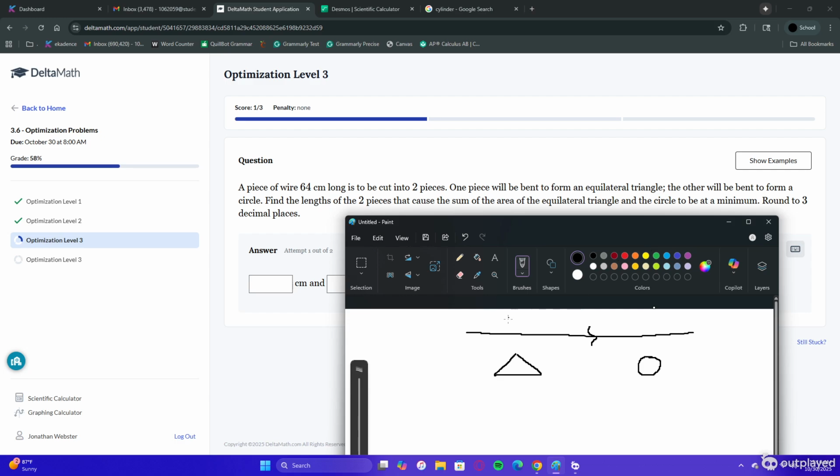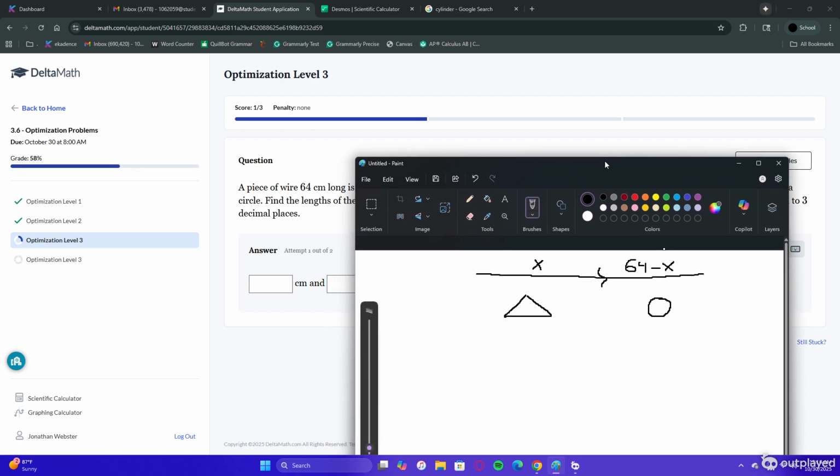Right, so here we have a wire that's 64 centimeters long, so our first piece would be x, and our second piece would be 64 minus x in order to account for the whole length. For an equilateral triangle, it has 3 sides, right? It has b, b, and b.